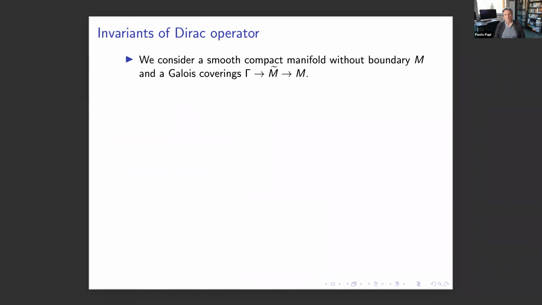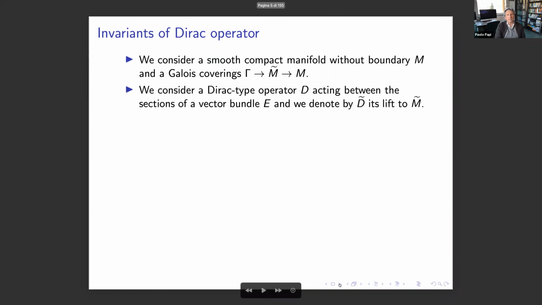So let me start with the Galois Gamma covering of a smooth compact manifold without boundary M, and we consider a Dirac operator acting on the sections of a vector bundle, and D tilde will be the lift.